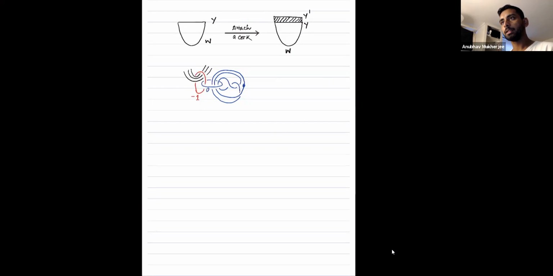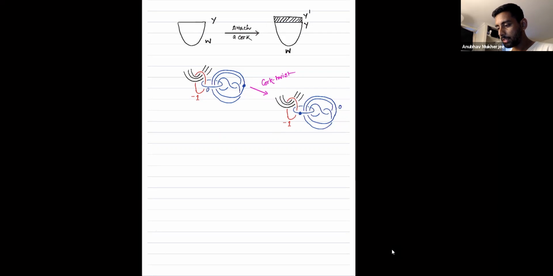So this doesn't fix the framing. But if I do a cork twist, what is the meaning of a cork twist now? A cork twist is essentially you interchange the 2-handle with the 1-handle. That is, you interchange the dot here with the dot here. So if I do a cork twist, notice that this has become a 1-handle and this has become a 2-handle.